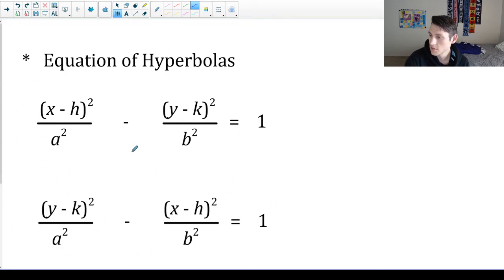This is almost exactly the equation of an ellipse, except these have minus signs instead of plus signs. For an ellipse, it's a plus sign in between them. For hyperbolas, we have subtraction between the two terms. So that's what changes it into a hyperbola.